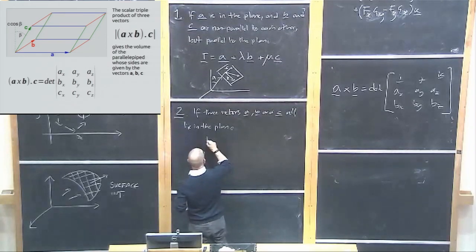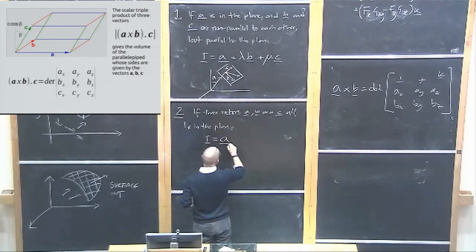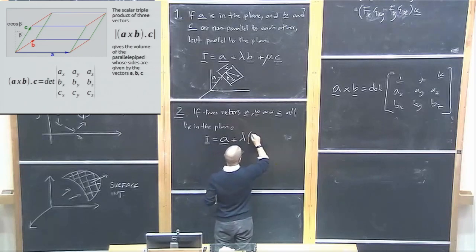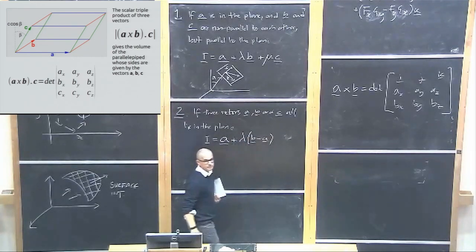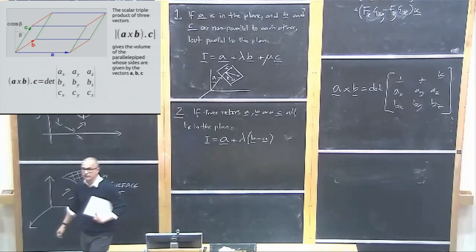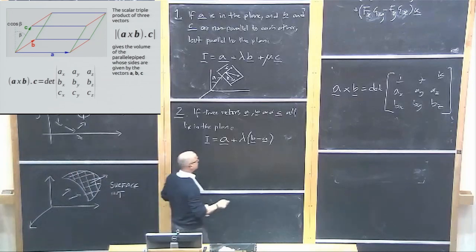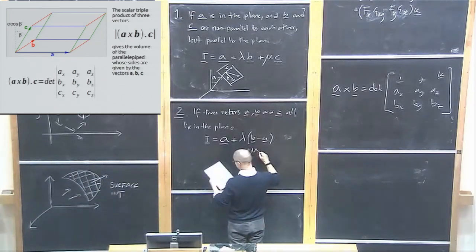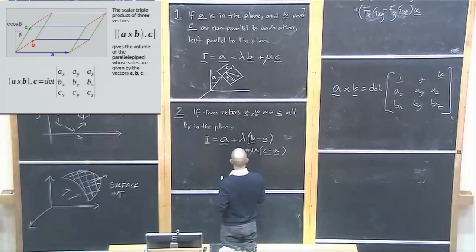Then the position vector of any point in the plane can be given by A, which takes you to the plane, plus some scalar multiple of B minus A. A, B, and C are all in the plane, so the vector B minus A is also a vector that's parallel to the plane. So it's some scalar multiple of some vector which is parallel to the plane, plus some other scalar multiple of another vector which lies in the plane.